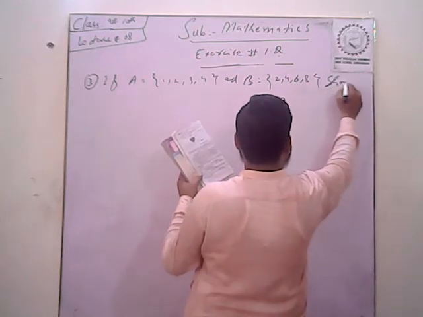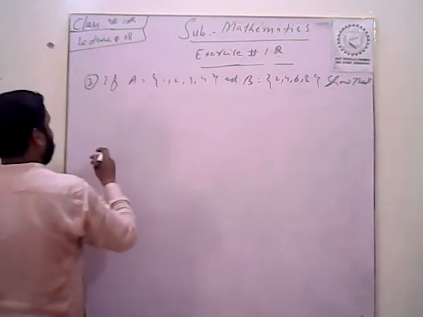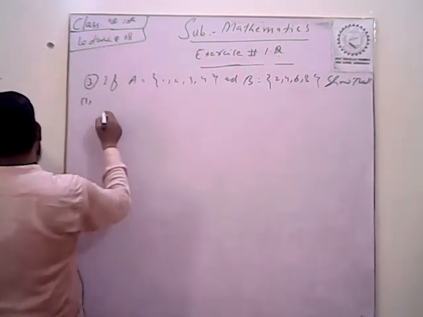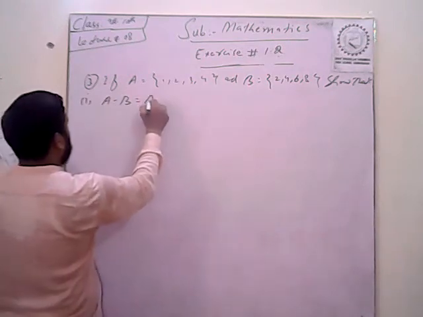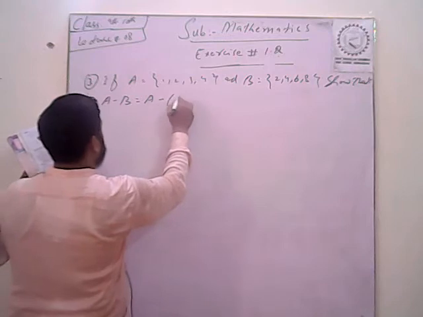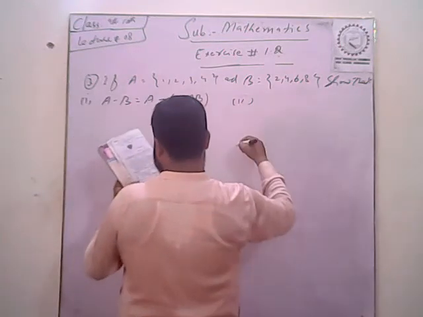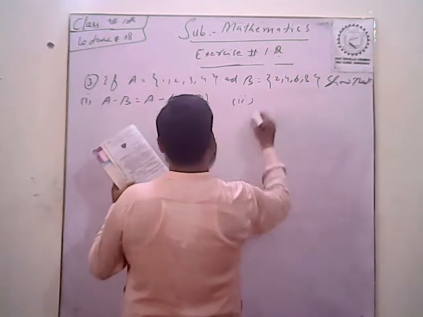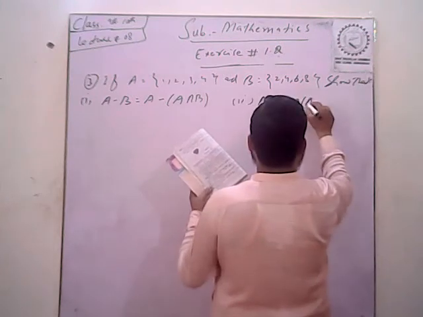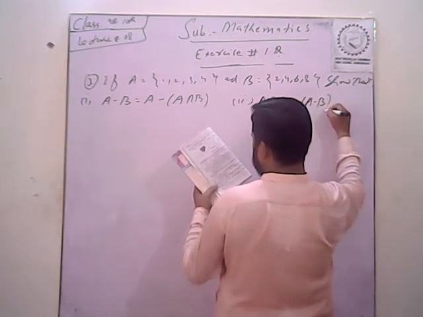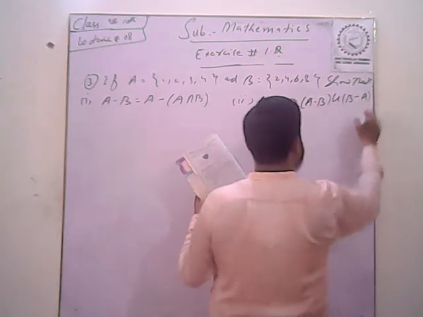It is necessary to prove part 1: A difference B is equal to A difference A intersection B, and the second part: A symmetric difference B is equal to A difference B union B difference A.